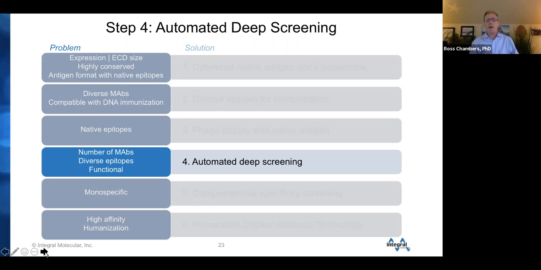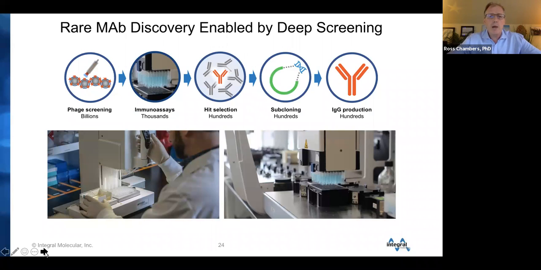So what I want to talk about now is what we have done to address this, which is developing automated deep screening. So after panning and those phage libraries, and we've got many, many colonies, we have developed the capability with a lot of robotics and automation to perform thousands of immunoassays to screen the scFv peripreps from those phage clones.